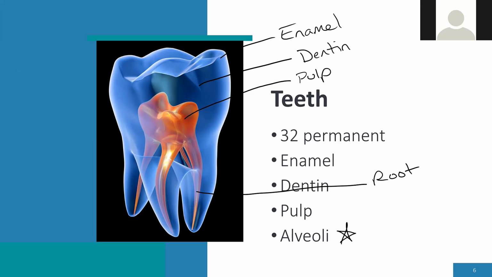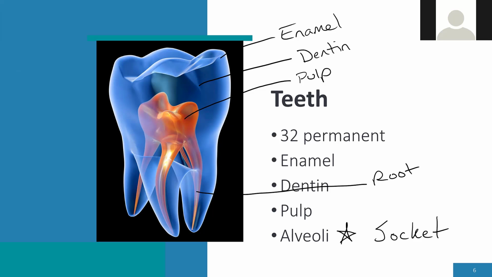But they do use alveoli in the context of teeth to be that socket, where your tooth is actually resting in your mouth. Each tooth has its own little socket, its own little space for that tooth to rest in. That socket or that space is called the alveoli.